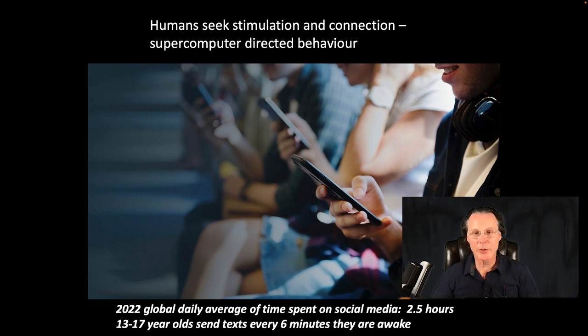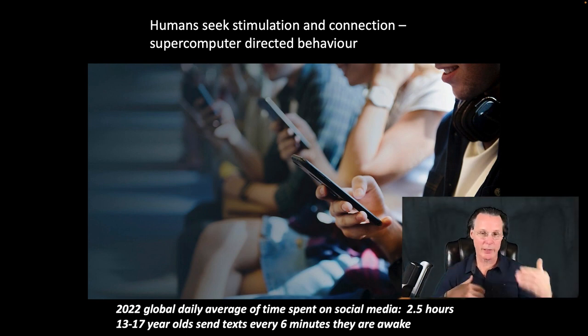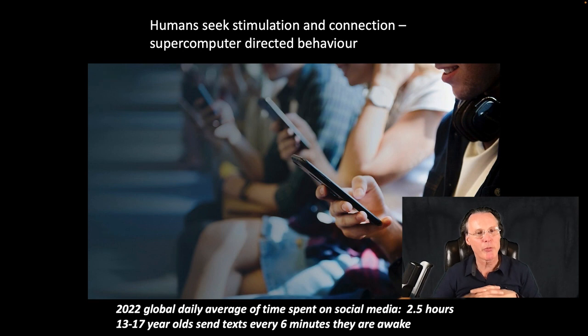This, of course, is an illusion because the actual complexity of the stimulation is shallow, as is the social interaction, because it does not include the physical sensations that emanate from the living body of the person who's doing the interacting. The supercomputer compensates for the shallowness of the experience by ramping up the level of threat with each story or video that we are fed in the endless scroll of information.